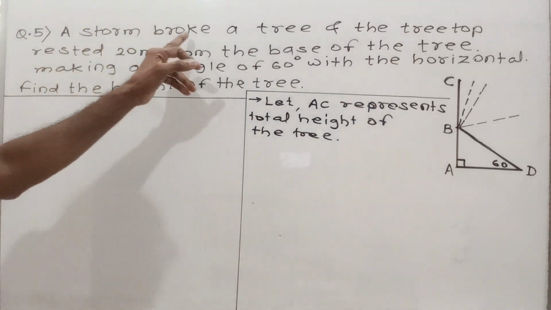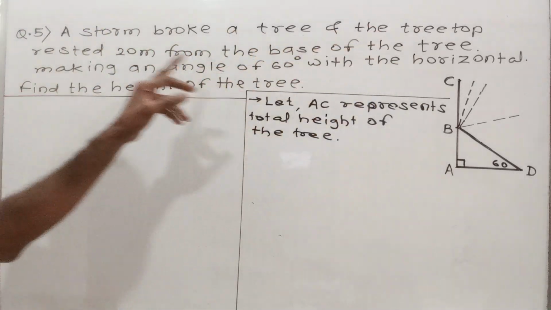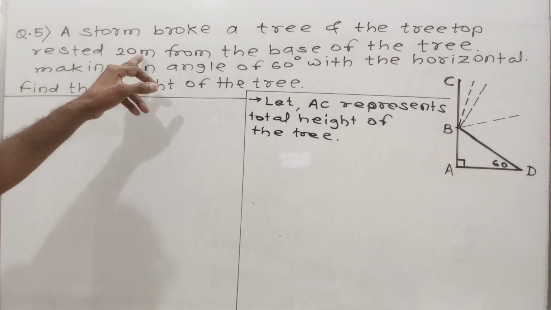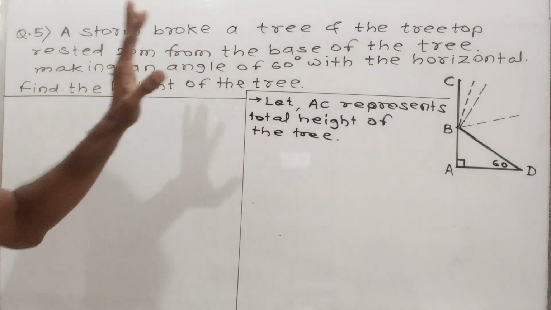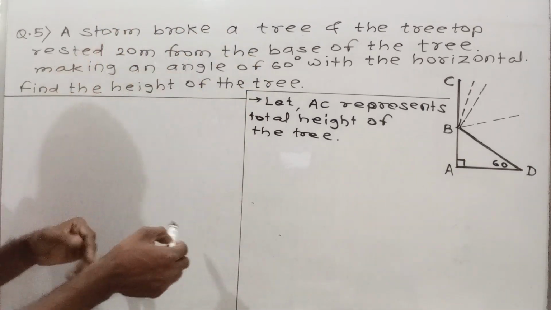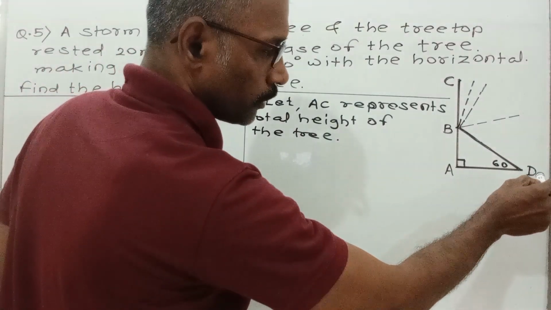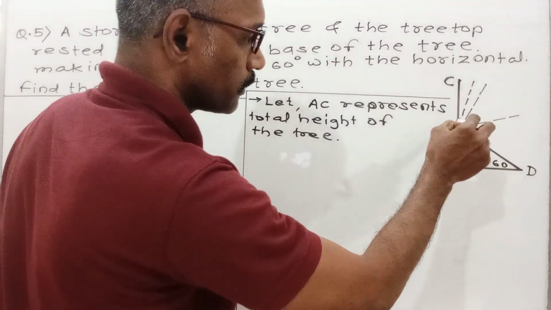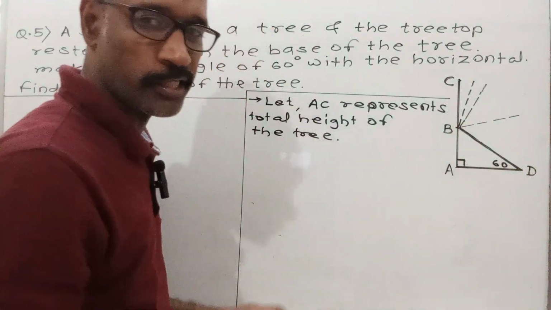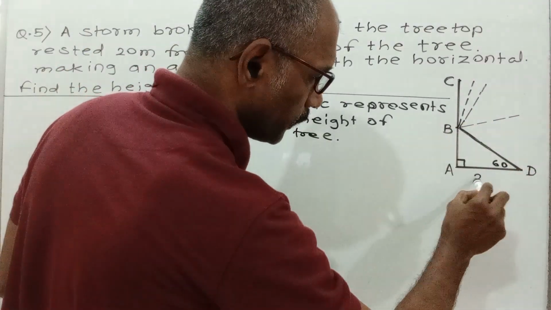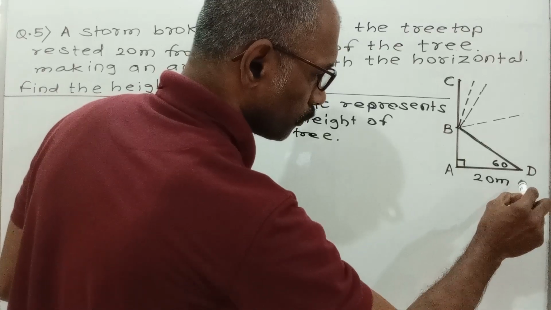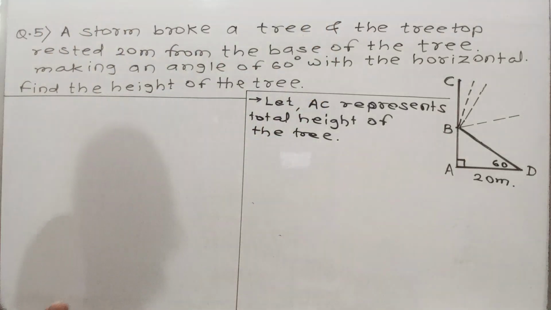See here, a storm broke a tree and the tree top rested 20 meters from the base. This is the base of the tree and this is the tree top. And this tree top rested here at D. So AD is equal to 20 meters.